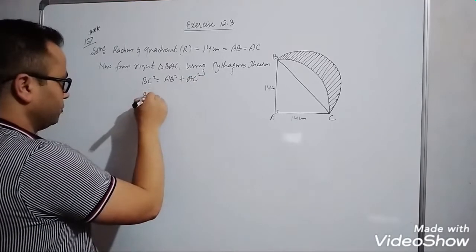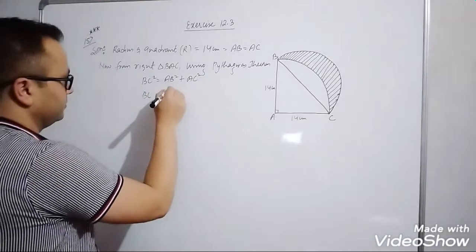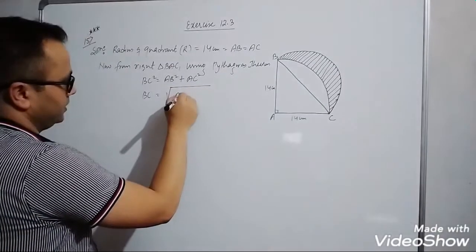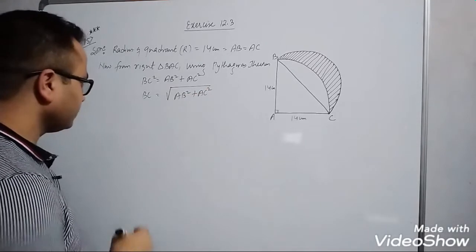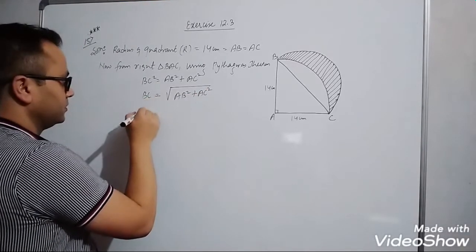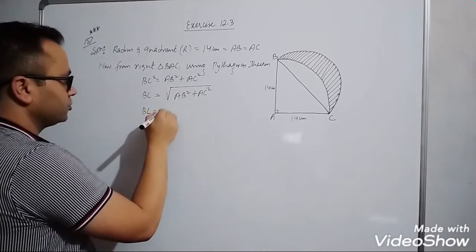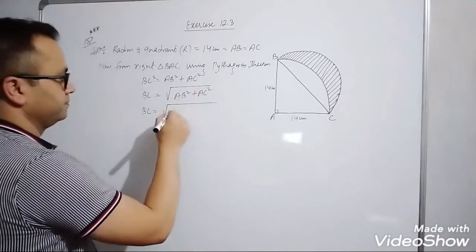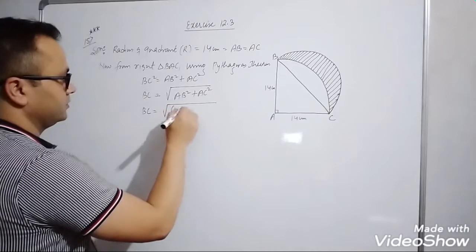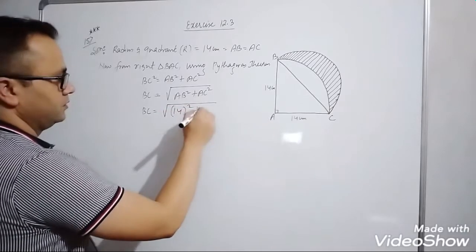So BC equals to root under AB square plus AC square. Now put the value. BC equals to root over, what is AB? AB is 14. 14 square plus 14 square.